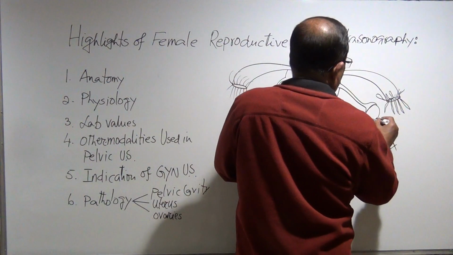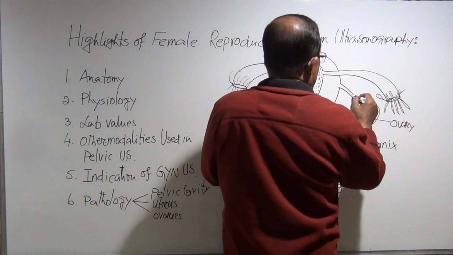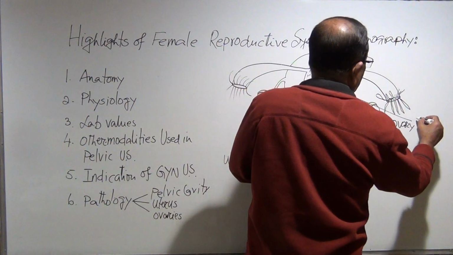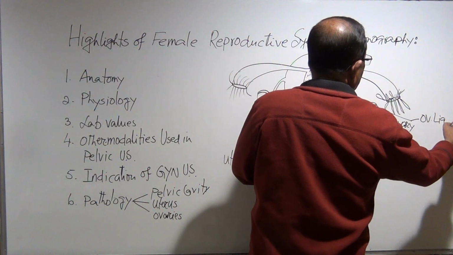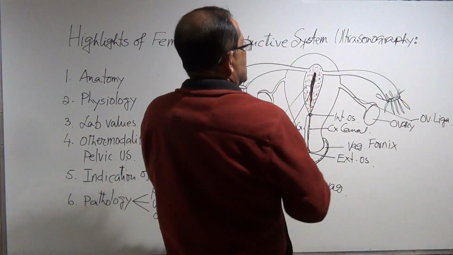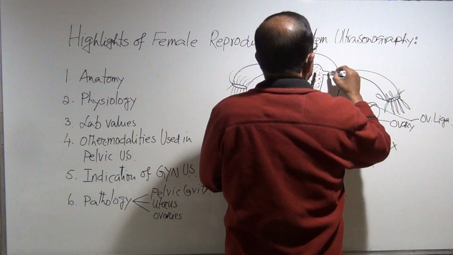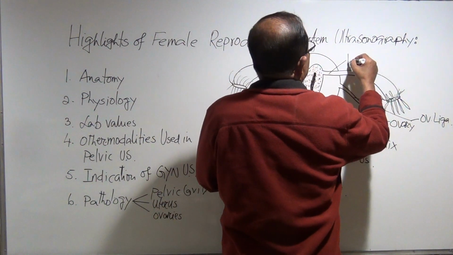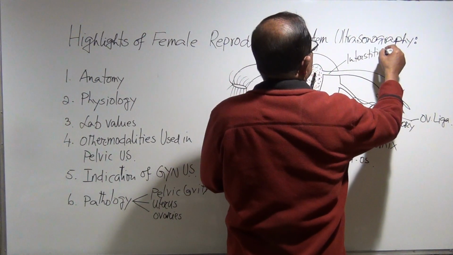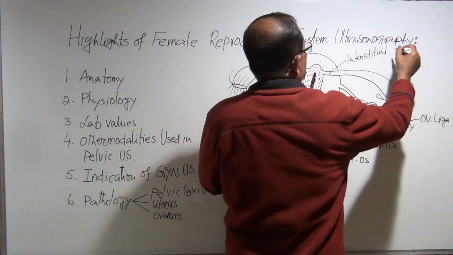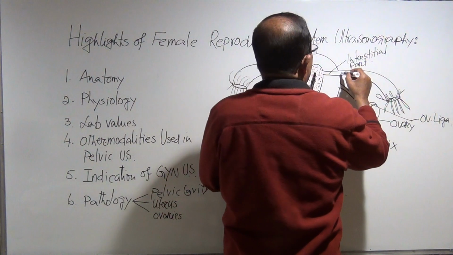So this is ovary, this is ovarian ligament. This is fallopian tubes, this is interstitial part, interstitial part of fallopian tube.